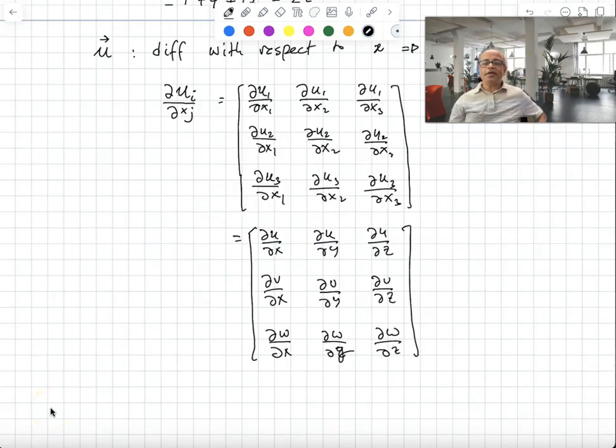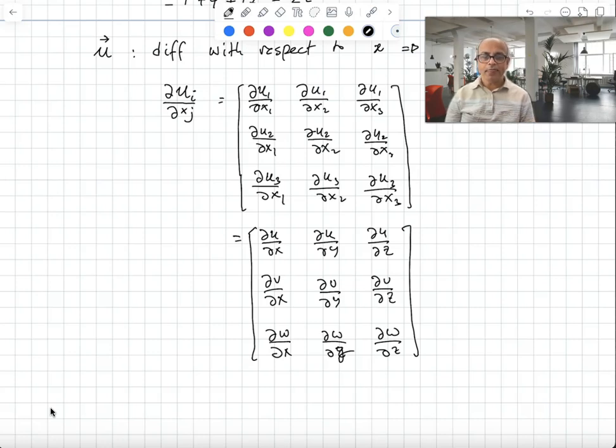So what we are doing here is straightforward. In tensor notation, we don't have to look at those matrices. I will take it component-wise and differentiate each component with respect to each component of the vector variable that I intend to differentiate with respect to. The only thing is we have to make another convention.